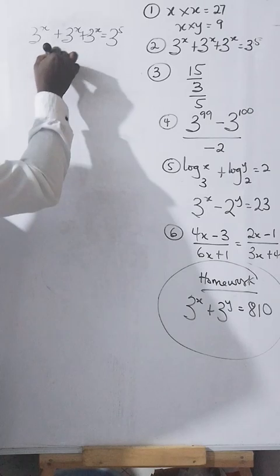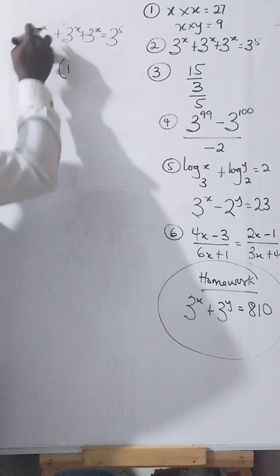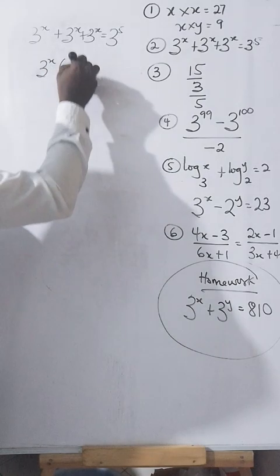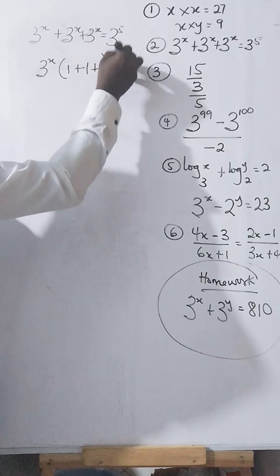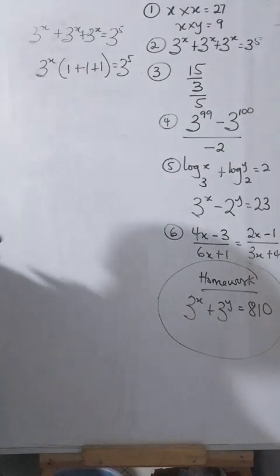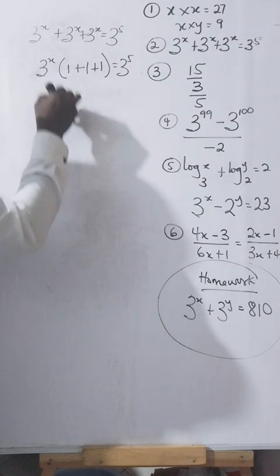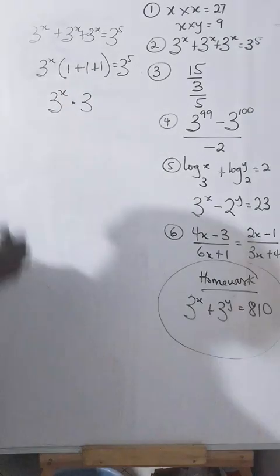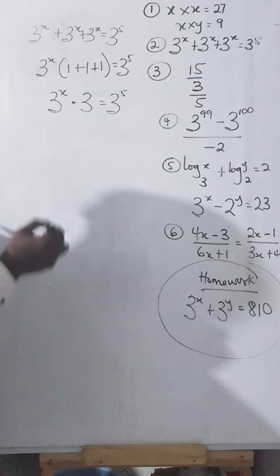This will give us 1, because 1 by 3 exponent x will give us the same thing. So plus 1, plus 1 equals 3 exponent 5. That is the factorization here, when you take 3 exponent x out. So this will be 3 exponent x times 1 plus 1 plus 1, which is 3, equals 3 exponent 5.